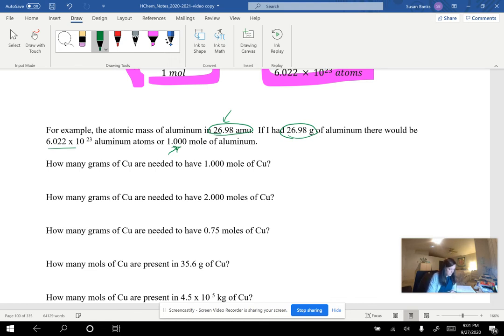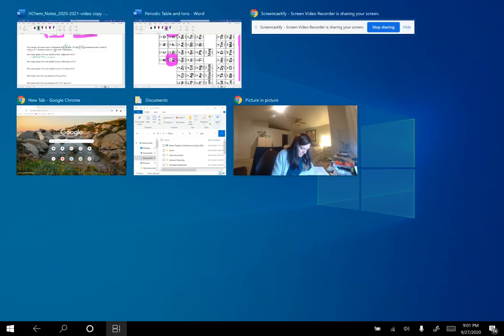So let's look at this. How many grams of copper do I need to have 1 mole of copper? So let's use our unit analysis. I'm going to start out with what I have. I have 1 mole of copper. And I'm going to look at the periodic table to see what copper's mass is.